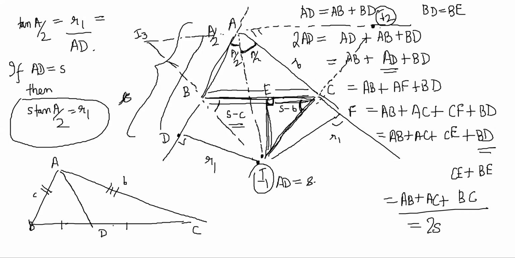So CI1 is equal to b tan A by 2, and similarly we can get CI2 also. So then you can add CI1 plus CI2.